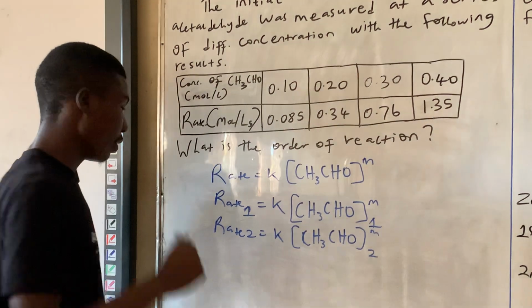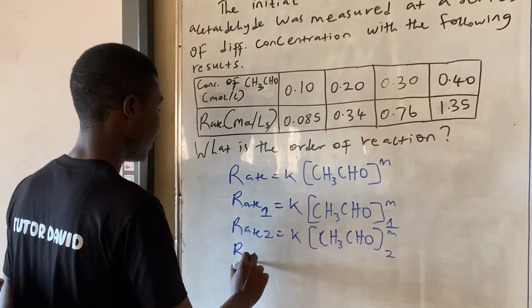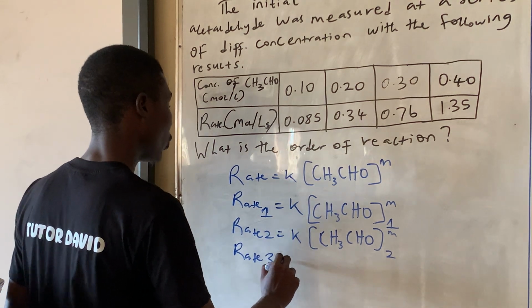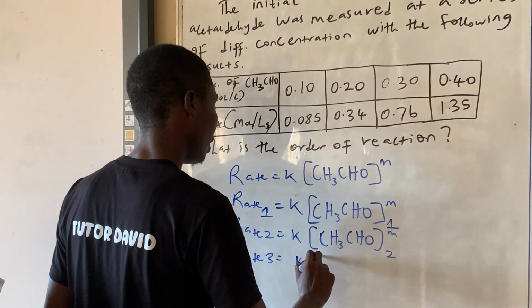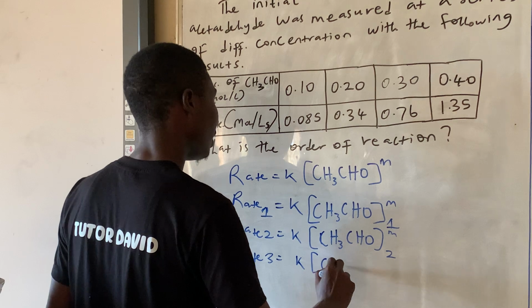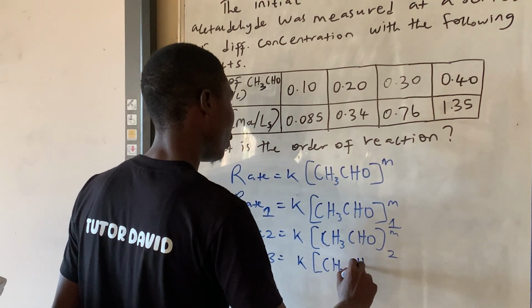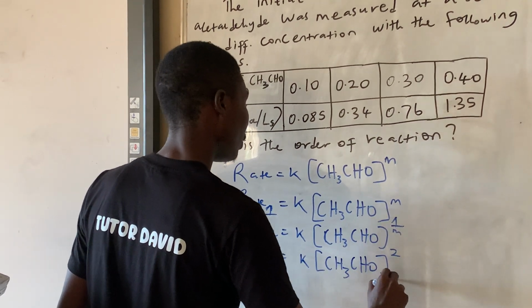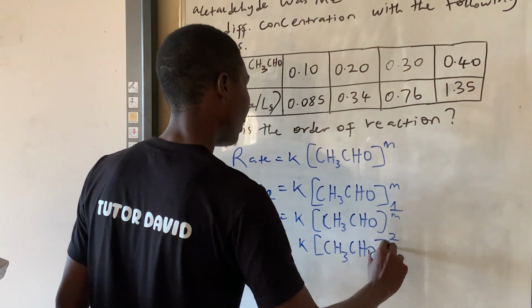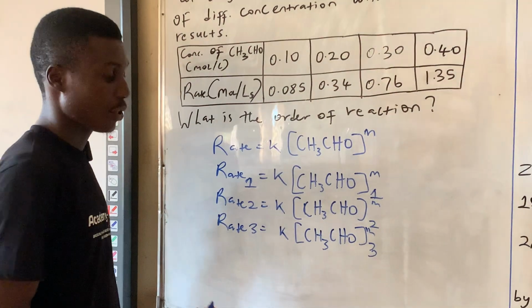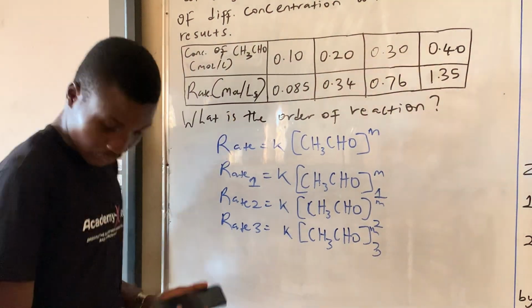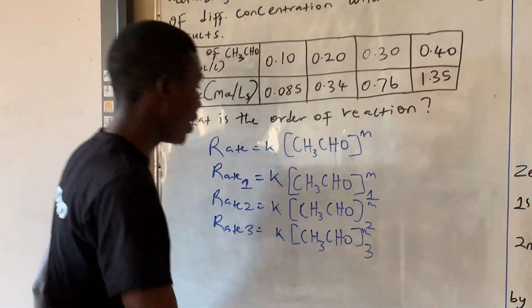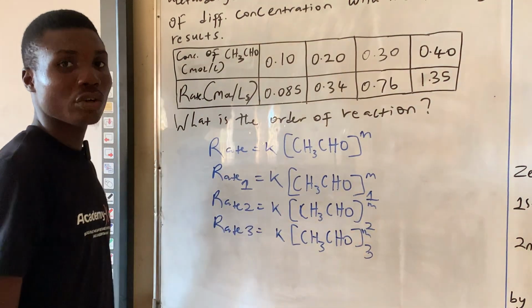Are we together now? You can have rate 3 equal to k times [CH3CHO]3 raised to the power of m. You can have rate 4 and so on and so forth. That simply tells you that for every one of them, the k is constant.